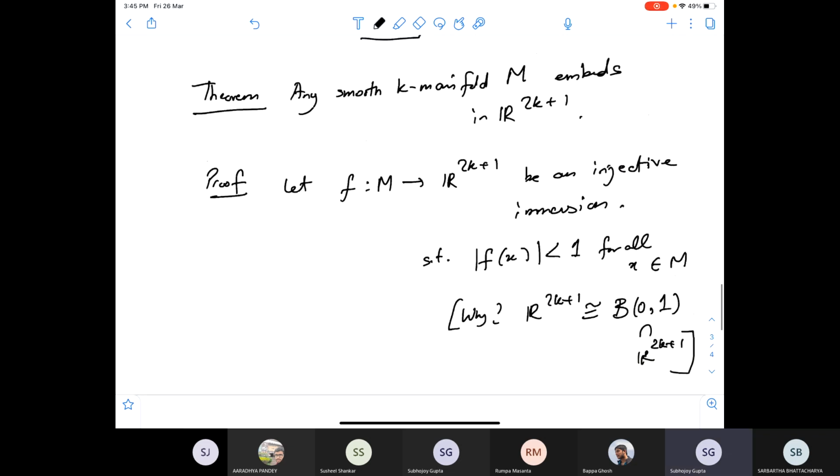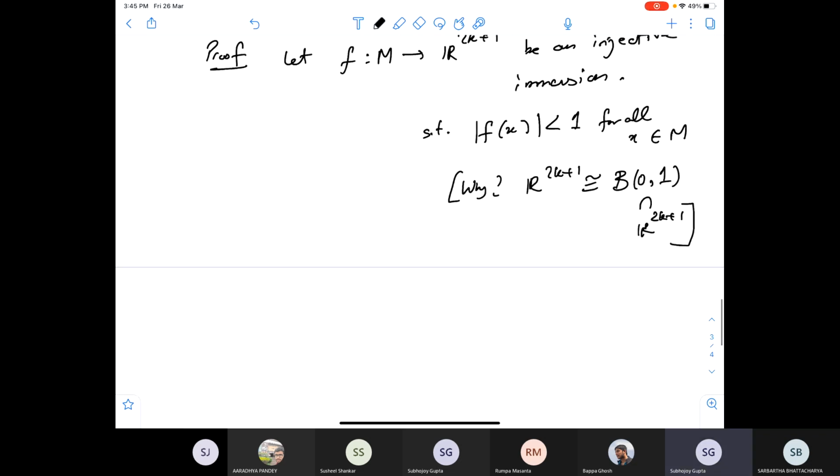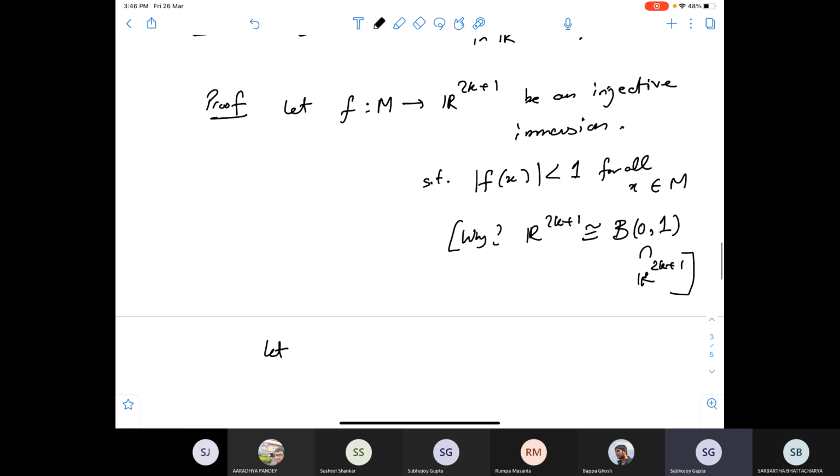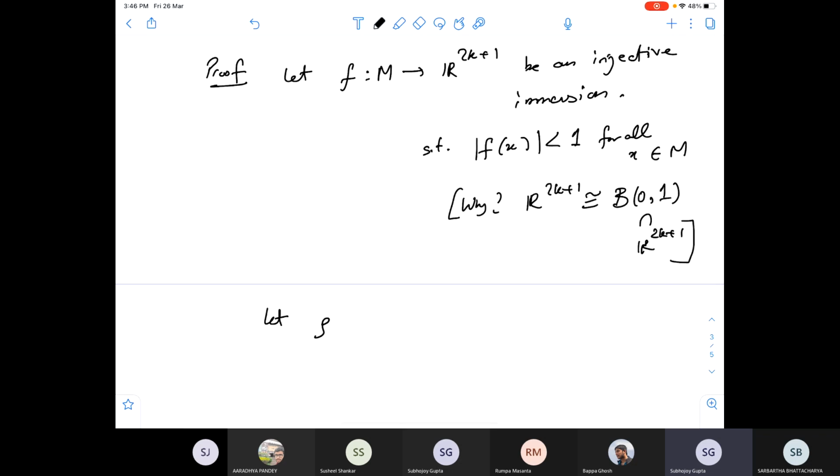All right, so this is what we start off with. We also need this exhaustion function. I already used f here, unfortunately, so let me call this exhaustion function rho, from M to R. Let me remind you that an exhaustion function is proper: the pre-image of compact sets is compact. That's the defining feature of an exhaustion function.